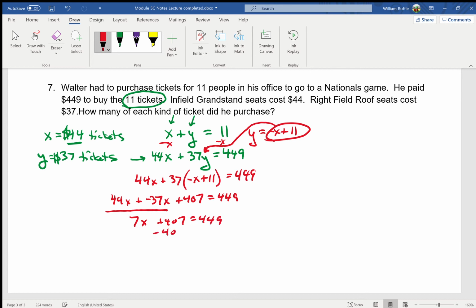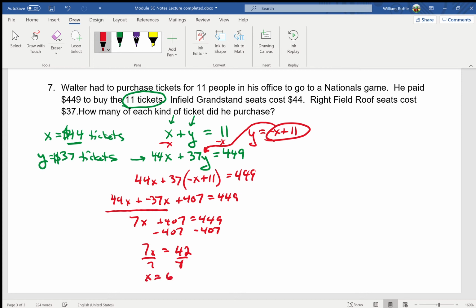So I have to subtract 407. 7x equals 42, sorry. Equals 42, divided by 7, I get x equals 6.